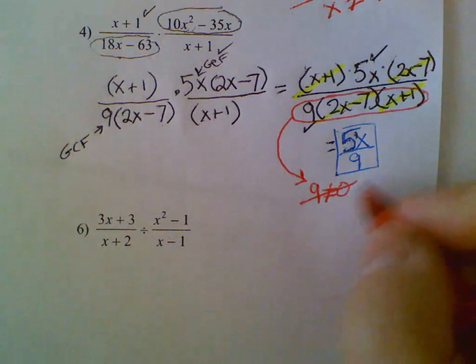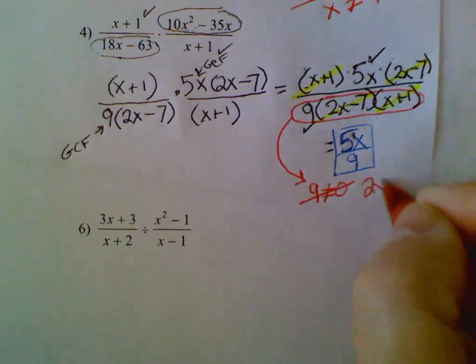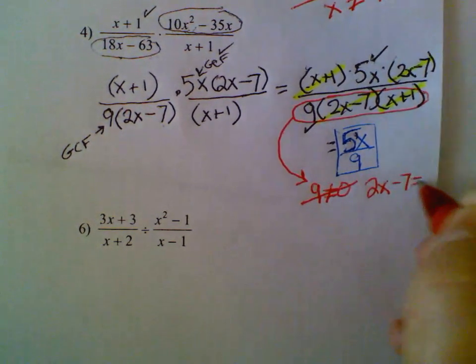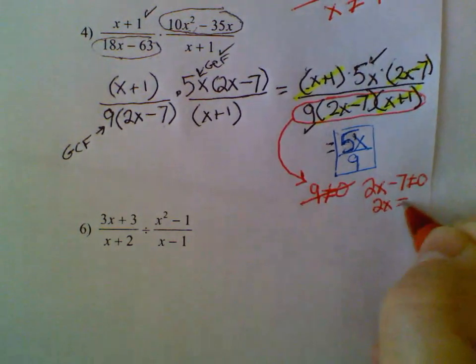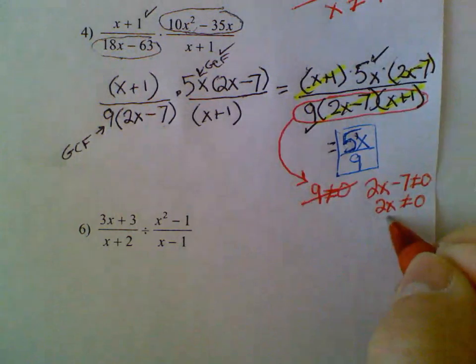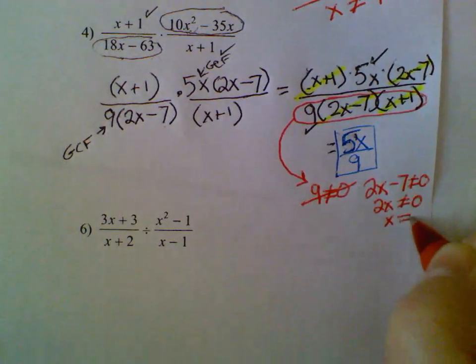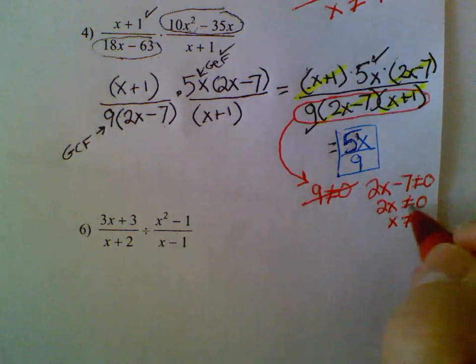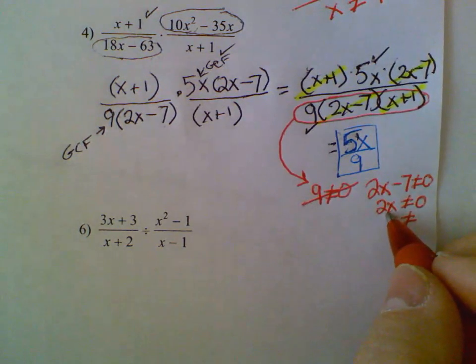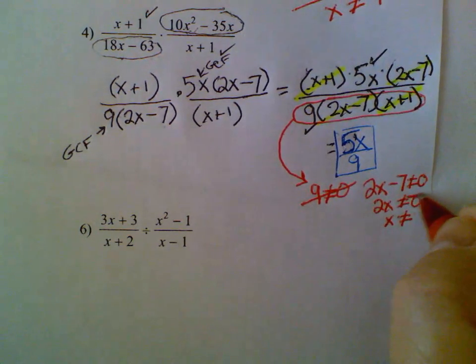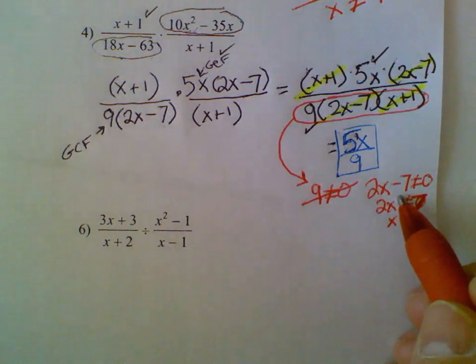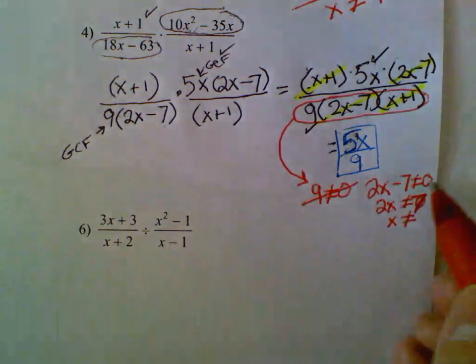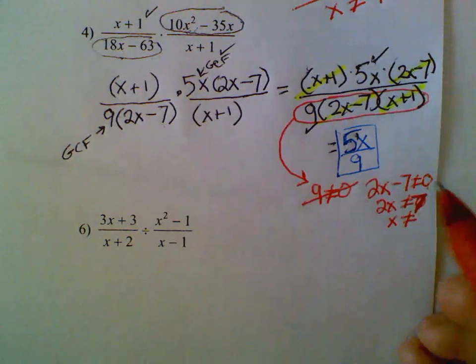Okay? I do have a 2x minus 7 not equal to 0. If I add 7, I get 2x not equal to 7, because I added 7 to both sides. So this one goes away, and I get a positive 7 over here.